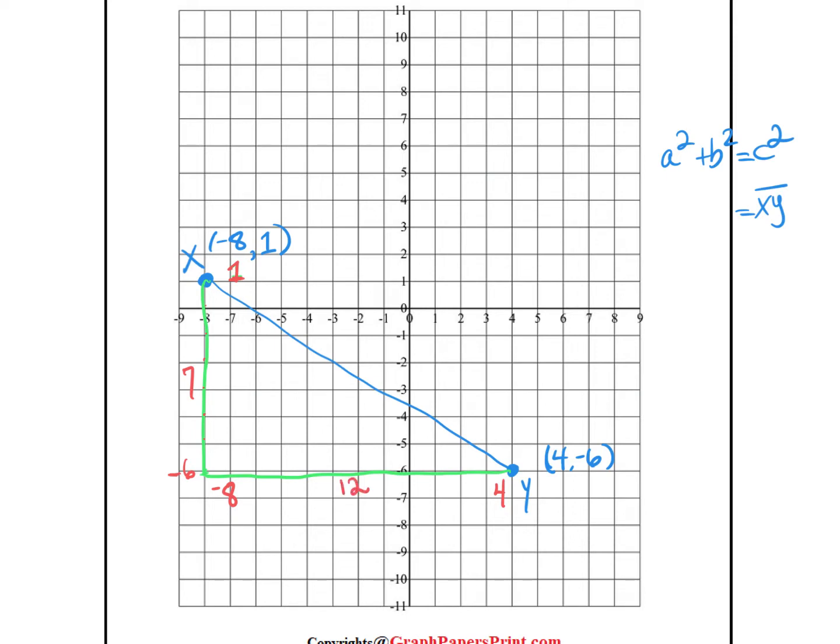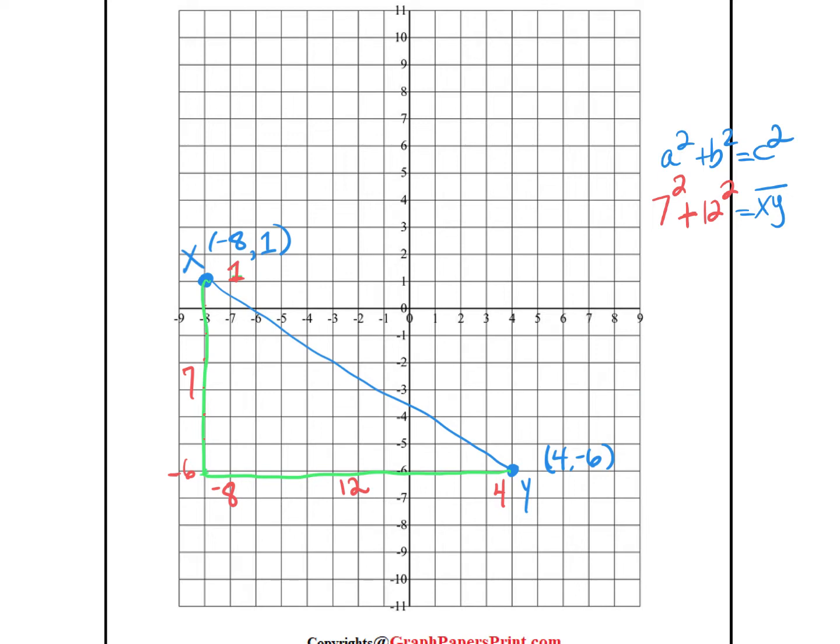Now, a squared is the shorter leg, which we know we would plug in 7 squared, and then we would plug in 12 squared. Okay, that's what we use Pythagoras' theorem for. We use it for solving the side lengths.